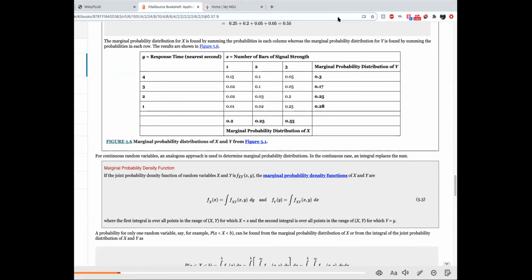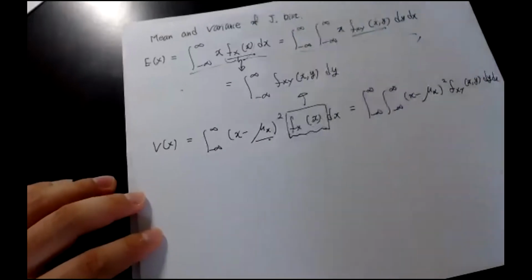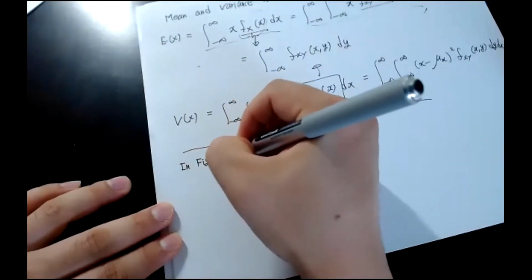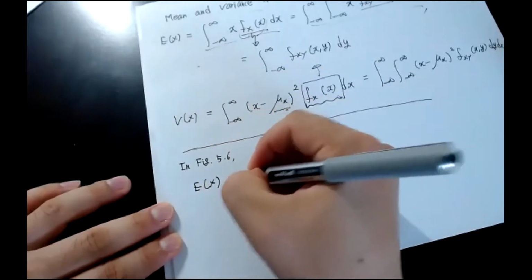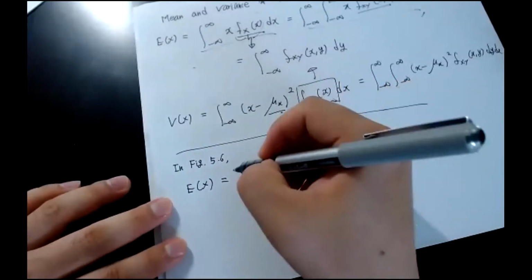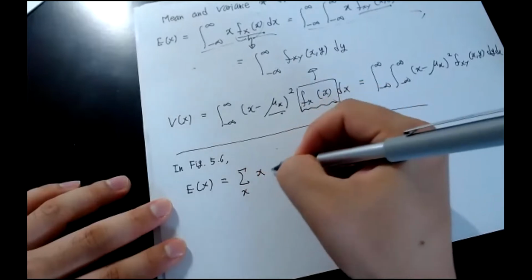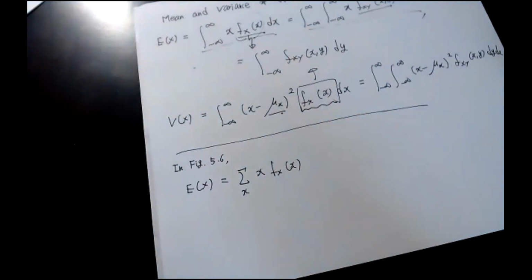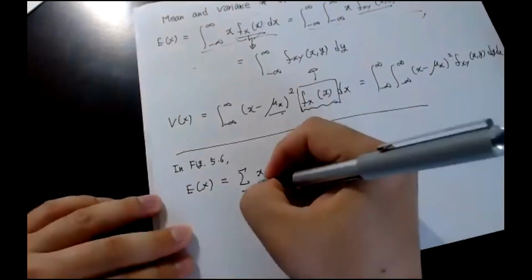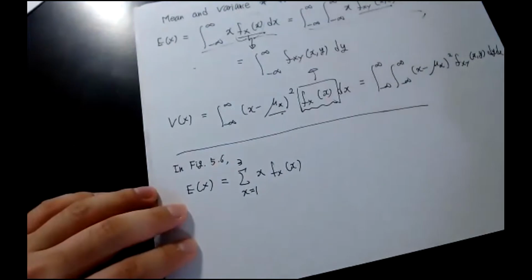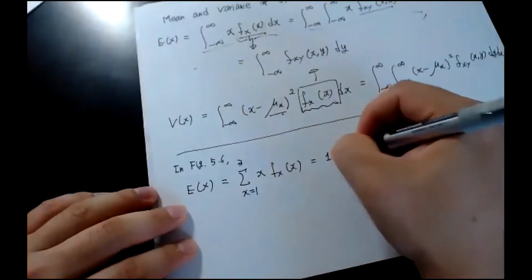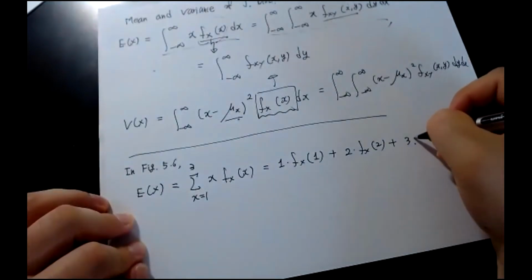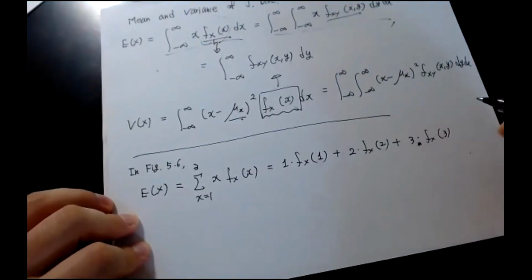From figure 5.6, the expected value of X is going to be the sum over x of x times f_X(x). X denotes the number of bars of signal strength, so X can be 1, 2, or 3. So this is equal to 1 times f_X(1) plus 2 times f_X(2) plus 3 times f_X(3).